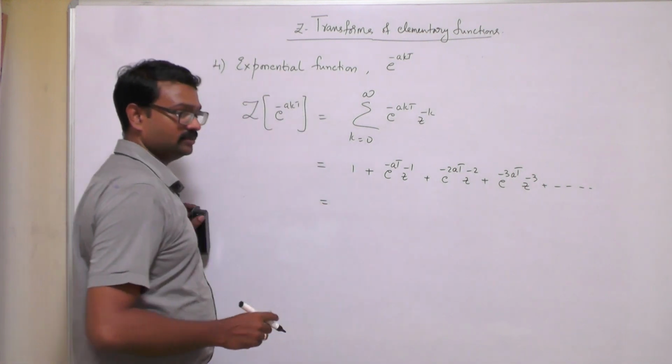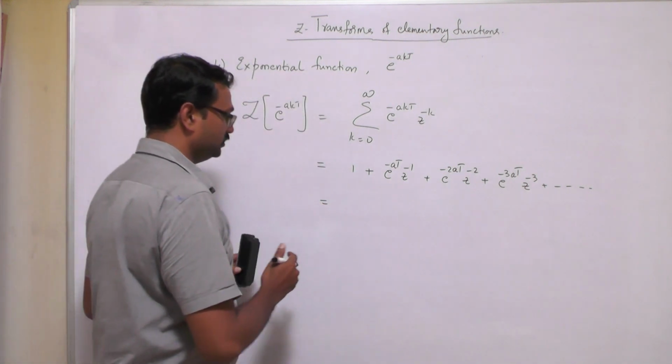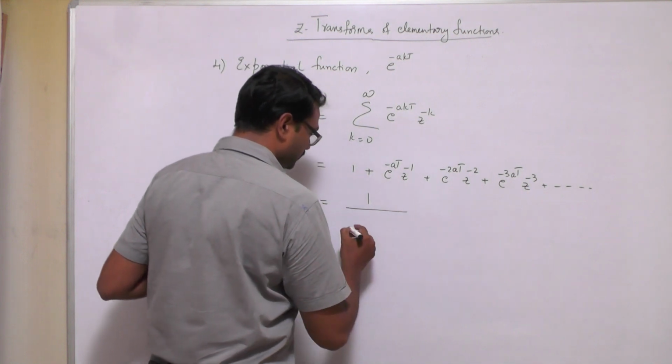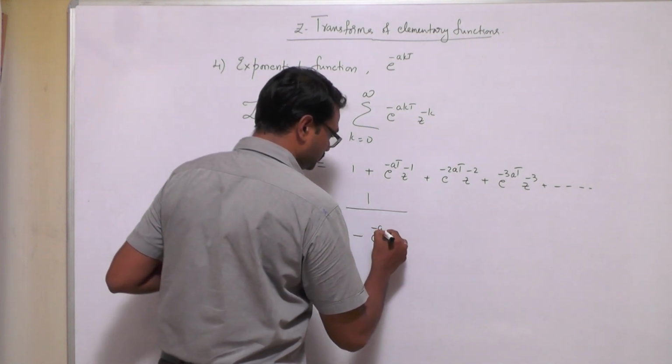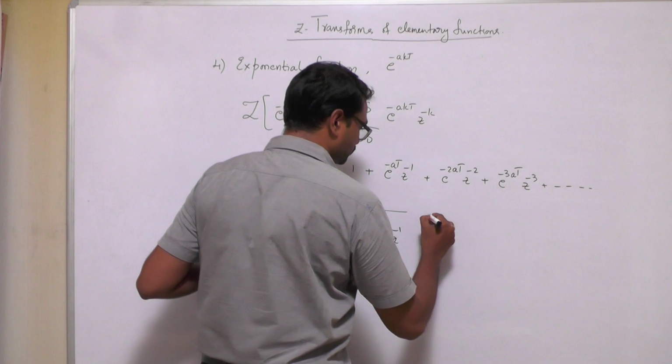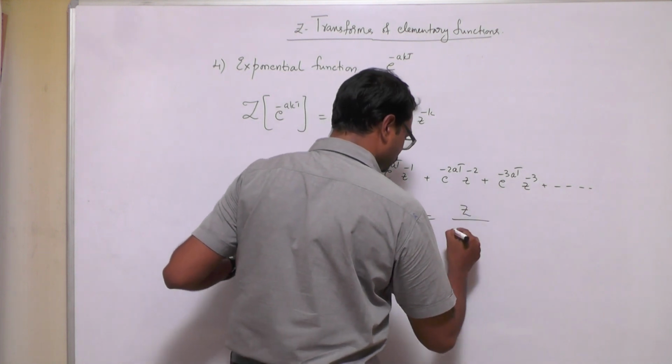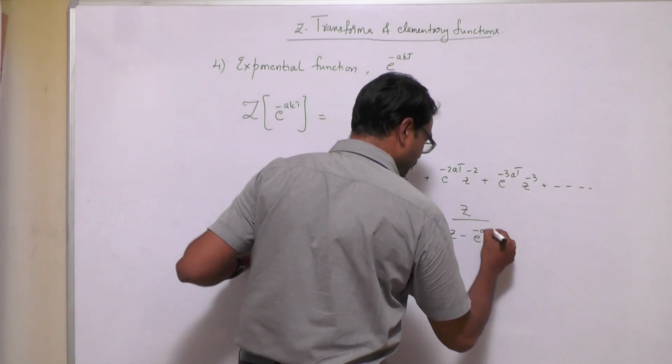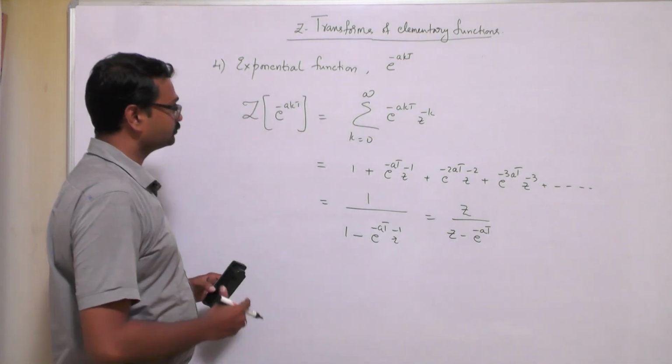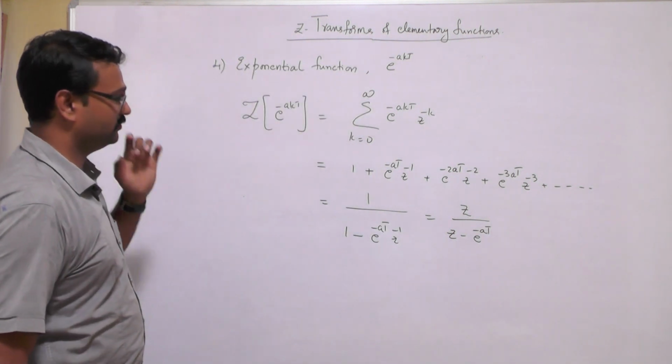Now going for geometric progression and converging this series, you will get 1 by 1 minus e power minus at z power minus 1, or z by z minus e power minus at. So this is your exponential function.